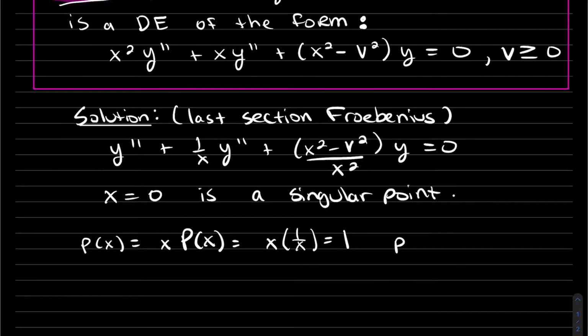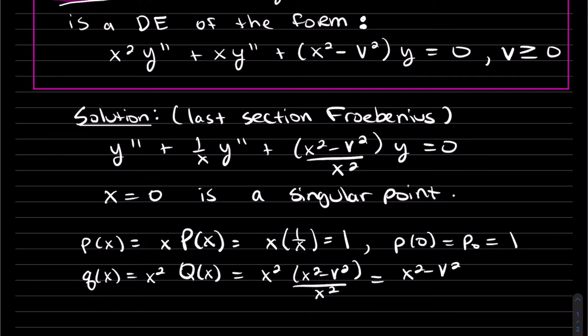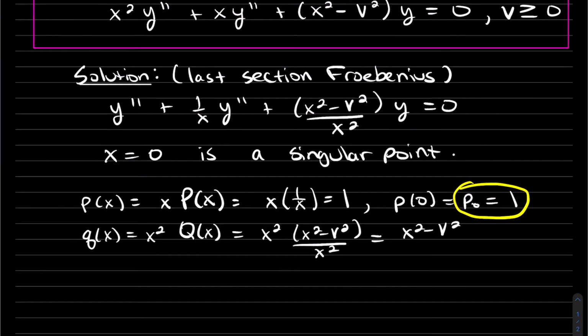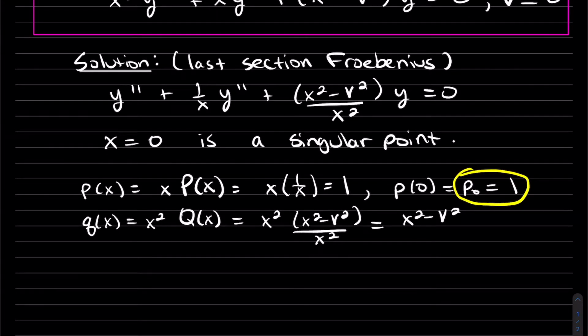So P of 0, which will be our center, is going to equal P naught, which is equal to 1. And so that clears, so it looks like it's regular.